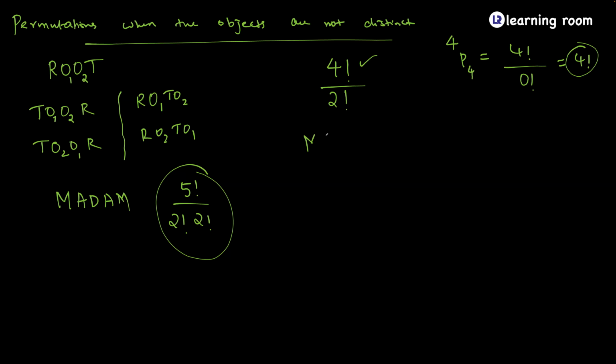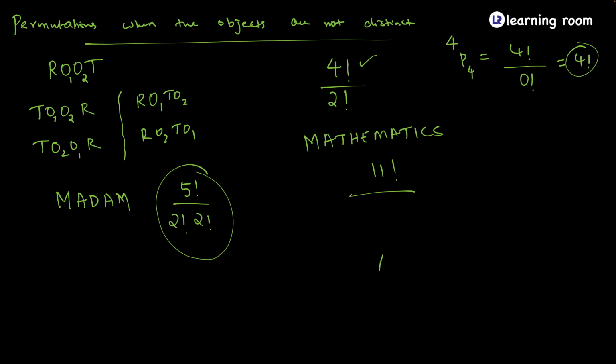Let's take mathematics. How many letters are there? 1, 2, 3, 4, 5, 6, 7, 8, 9, 10, 11. So how many ways can you rearrange them? You can arrange them in 11 factorial ways, but what is happening here?